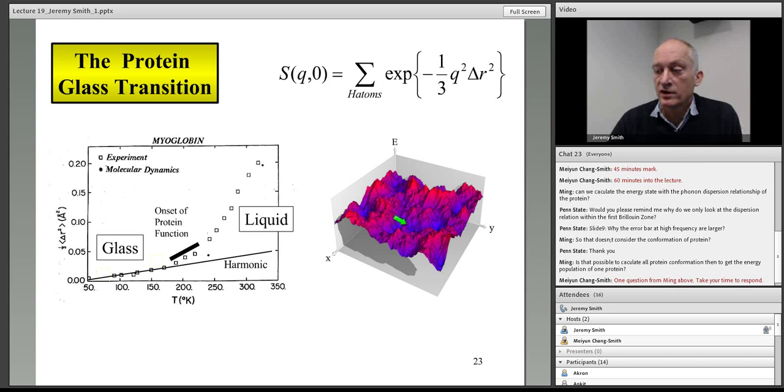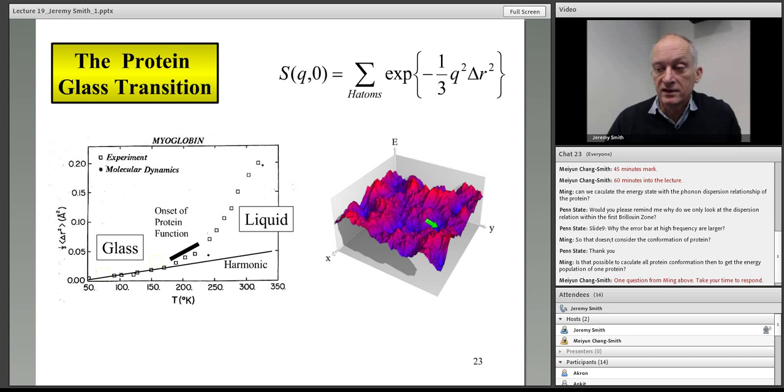So Ming's question. Ming says, is it possible to calculate all protein conformations to get the energy population of one protein? Well, we don't know for sure what all the conformational states at low temperature are, but we can try and calculate them and average over them, and that has been done by us and others.